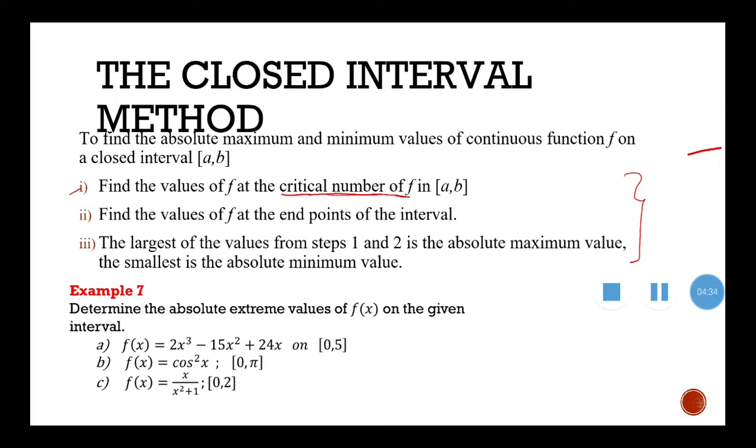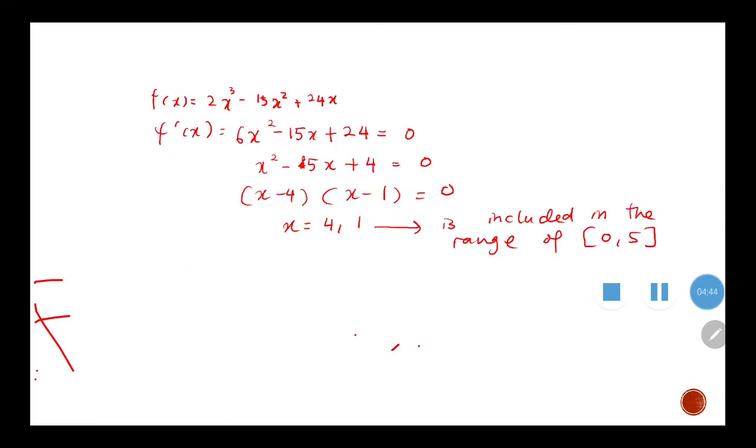Now we want to find the second checklist, which is to find the values of f at the endpoints of the interval. Okay, the interval is from 0 to 5. So this one is for number 1, and this is for number 2.